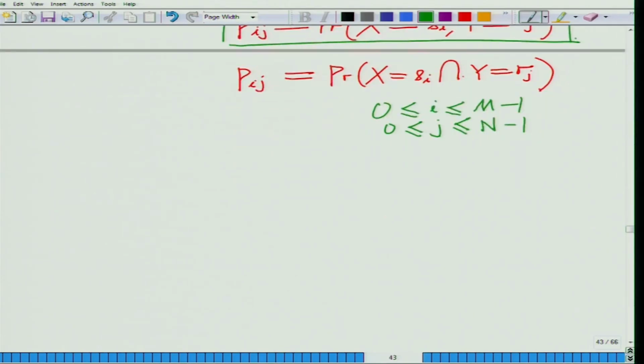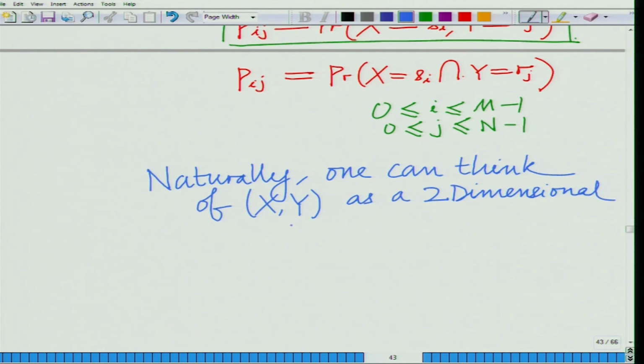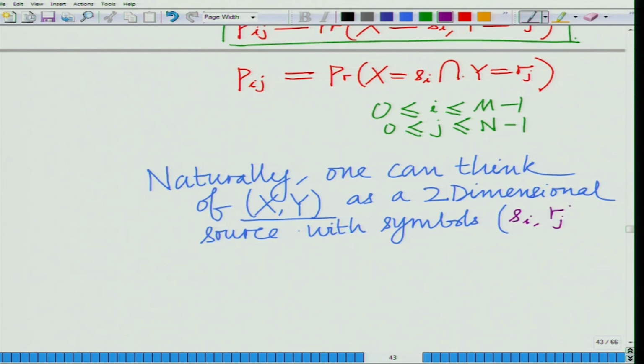Now we want to define this notion of joint entropy for this kind of input output scenario, x and y. One way to understand it is to think of x comma y as a two dimensional source, which means you have two components x and y, that is, an ordered pair, with symbols Si comma Rj.